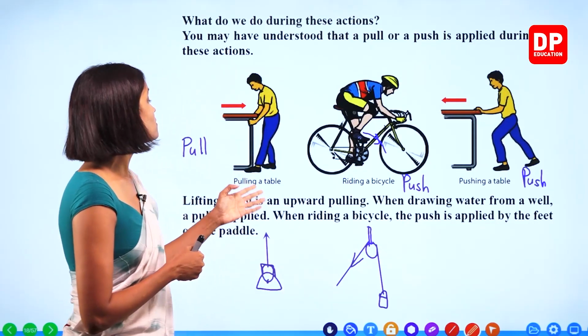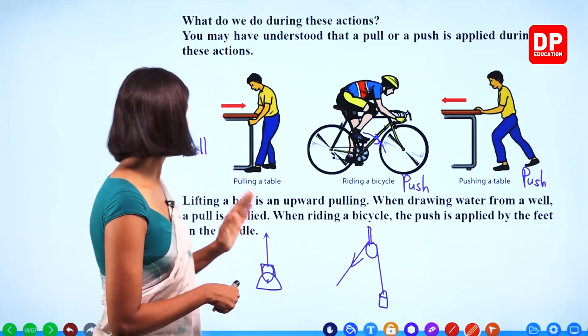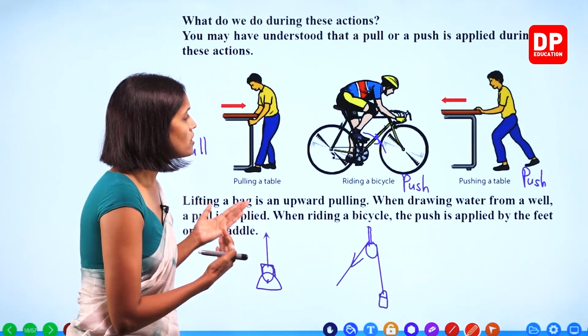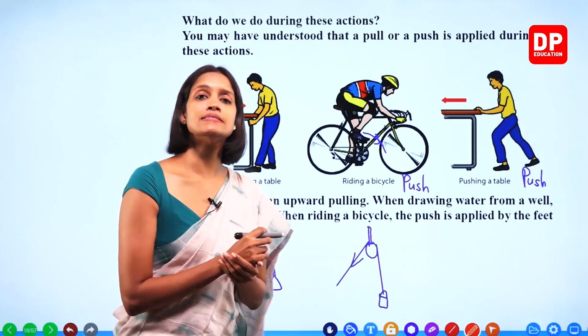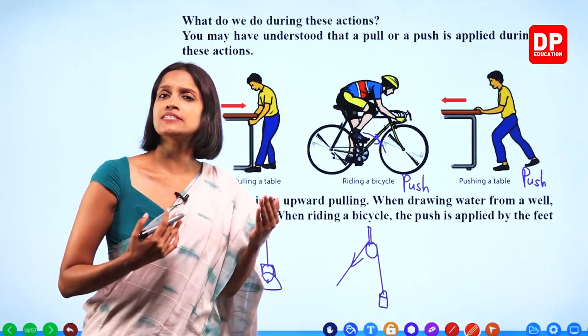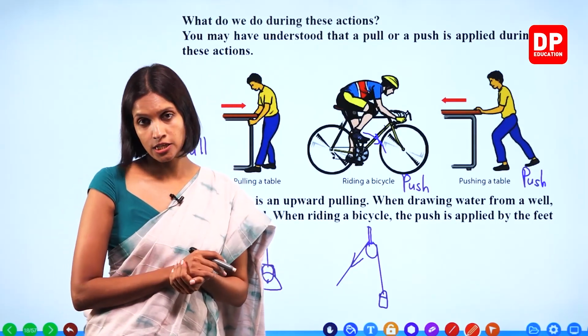When riding a bicycle, a push is applied, by the feet on the pedal, as we discussed. So after going through all these things, it's very clear that in any activity, either a push or a pull is applied.